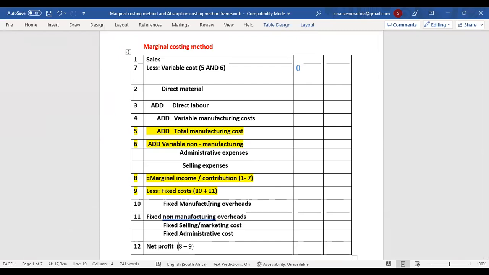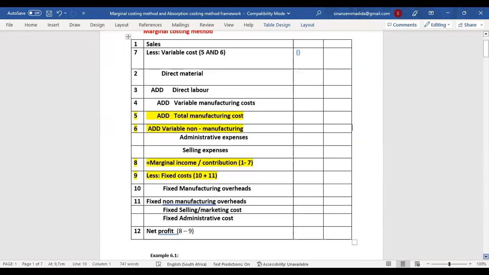Fixed means those costs which don't change, but variable costs are the costs which change in relation to the production volumes.